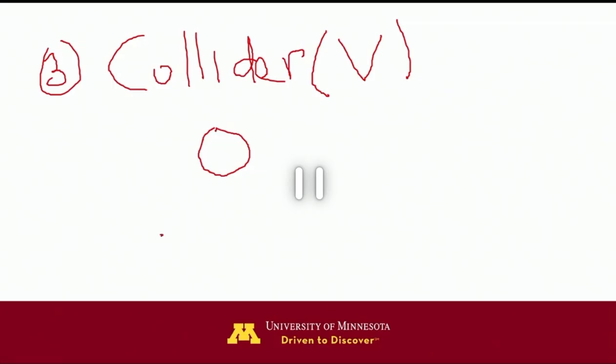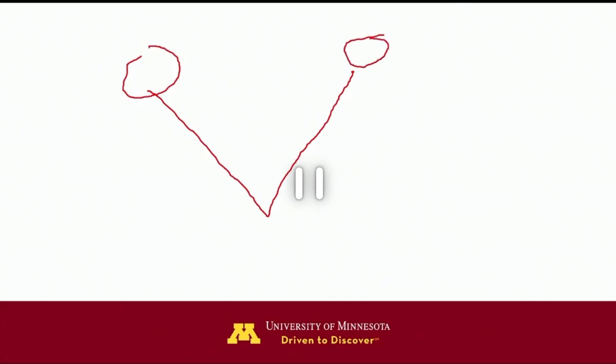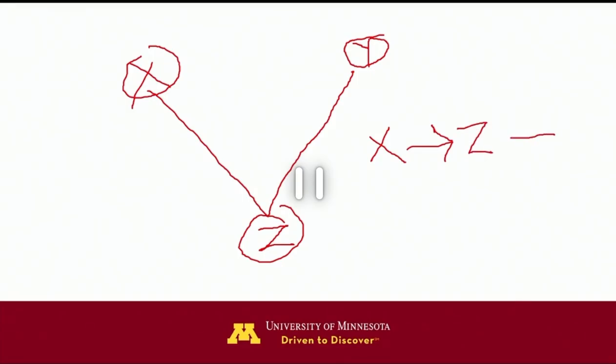If I have something like this, you know, like I said, V, right? This one, this one, and this one. If this is X, and this is Y, and this is Z. If X points to Z, and we have an arrow from Y also, please pay attention.